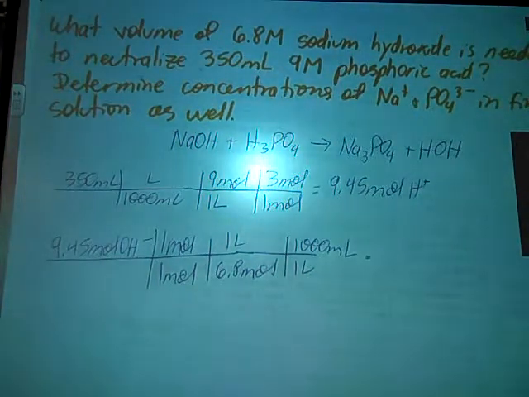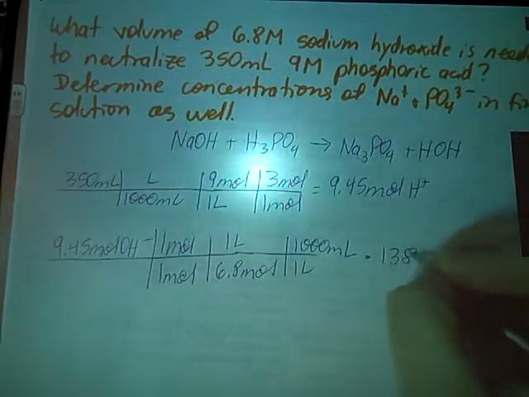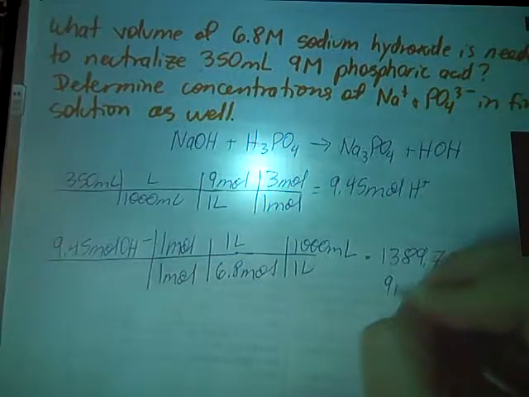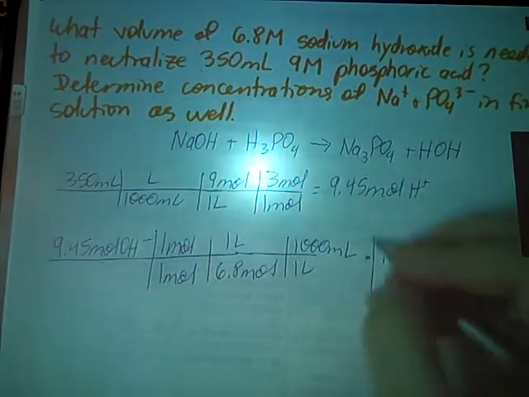Multiply all the way across the top, divided by all the way across the bottom. Tells us that we are going to need a lot of solution of our 9 molar phosphoric. Oh my goodness, that is a lot.